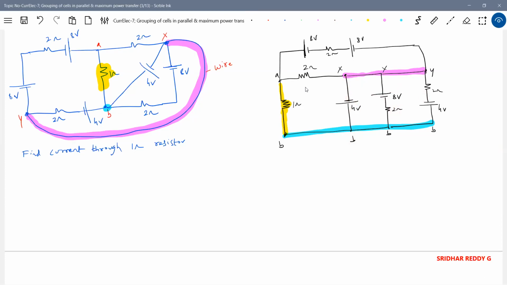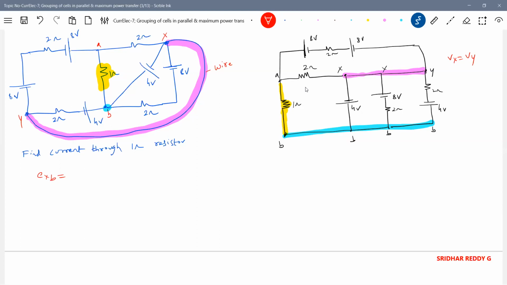The grouping of cells. Okay, we'll apply the formula. First, we'll go for Vx equal to Vy. Therefore, we will find EXB by grouping of cells. EXB should be equal to the summation of E by R, which will be 4 volt.